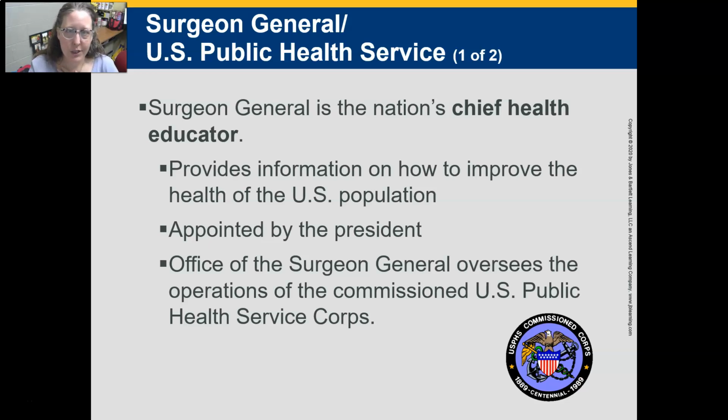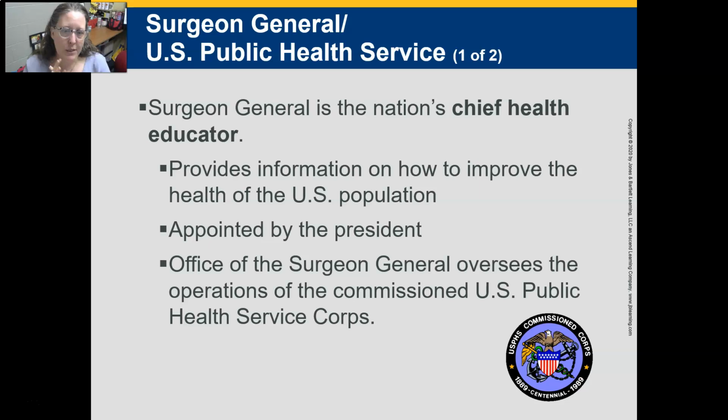Next, we have the Surgeon General and the U.S. Public Health Service. The Surgeon General is the nation's chief health educator, and he can put out some of those black warning labels on products. He or she also provides information on how to improve the health of the U.S. population.